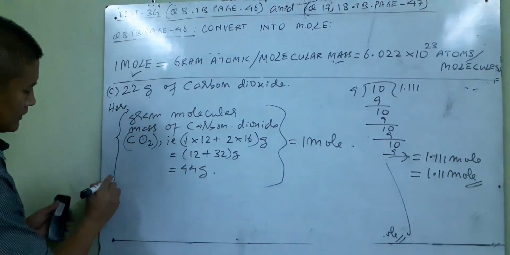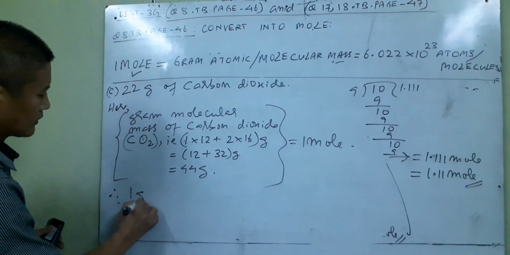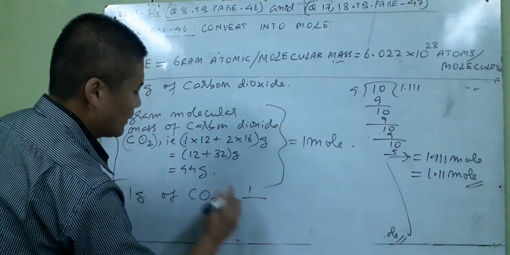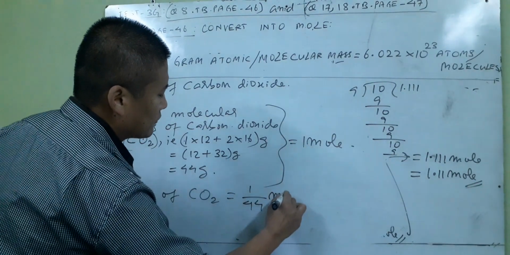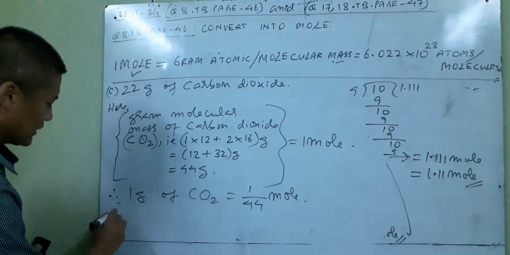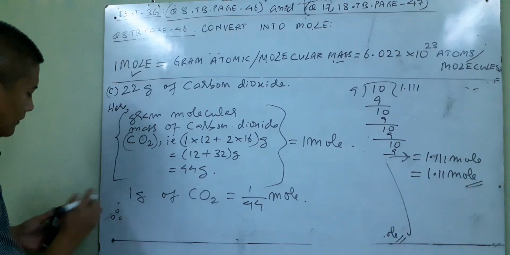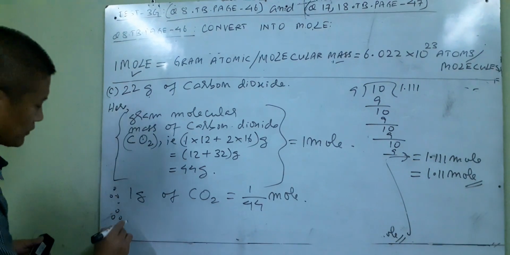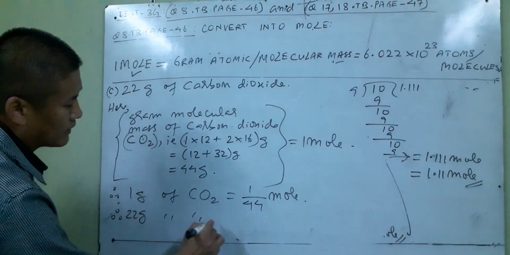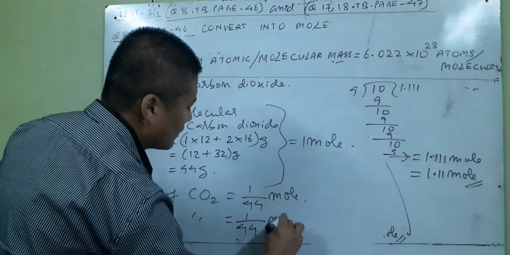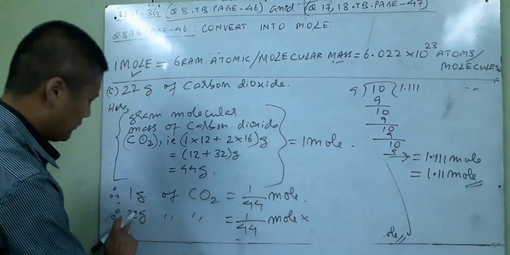Therefore, next step you can proceed. Therefore, 1 gram of carbon dioxide will be this 1 divided by 44, and the right side you need is mole. We shouldn't bring the G, and you know why. So therefore, they're asking us for here 22 grams. So you write, your 22 gram of carbon dioxide will therefore make how many moles? 1 by 44 mole. This same one multiply to this 22.